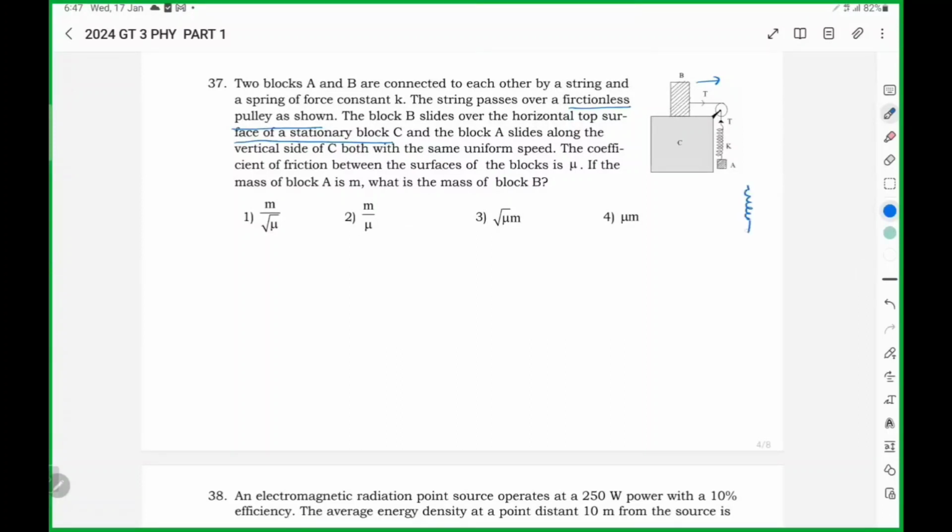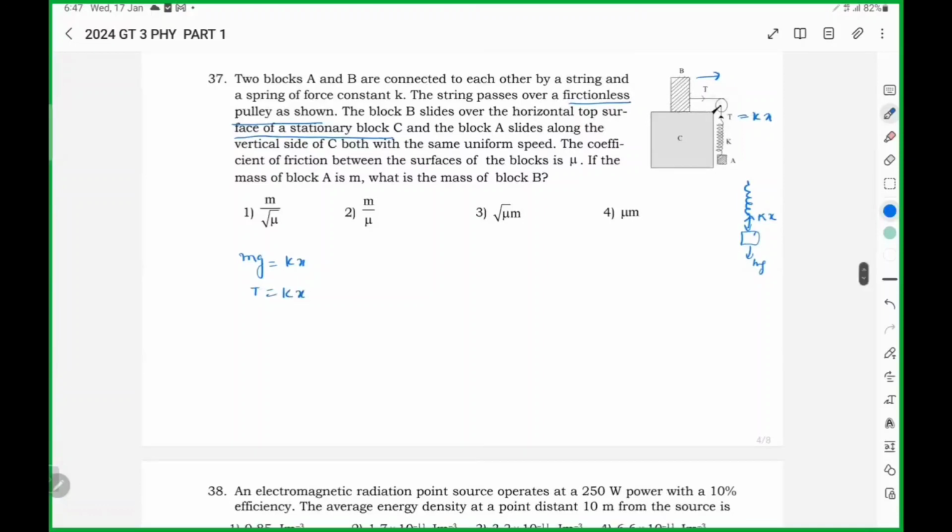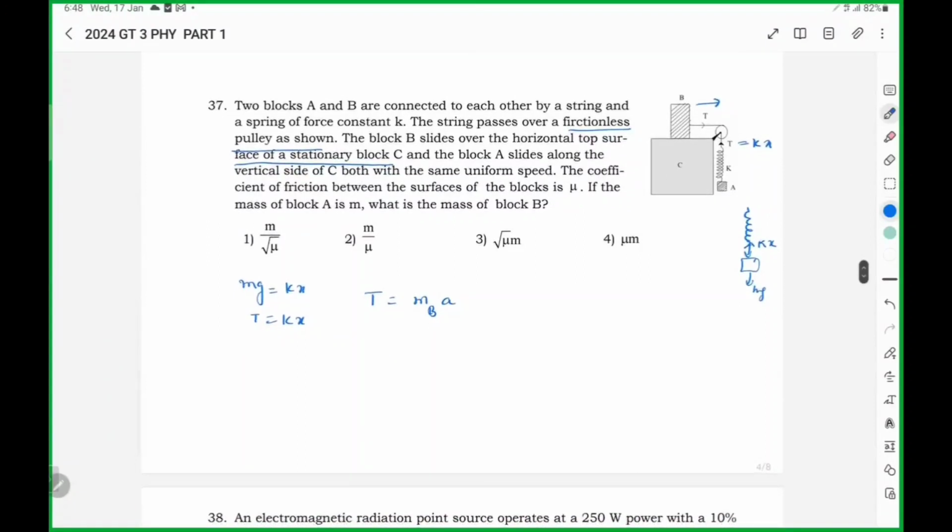Here the spring force, here it is. So a restoring force is developed. At this point, that tension is the restoring force. Here also the same tension, T is equal to mass of block B into acceleration. But he says the string passes over a frictionless pulley.